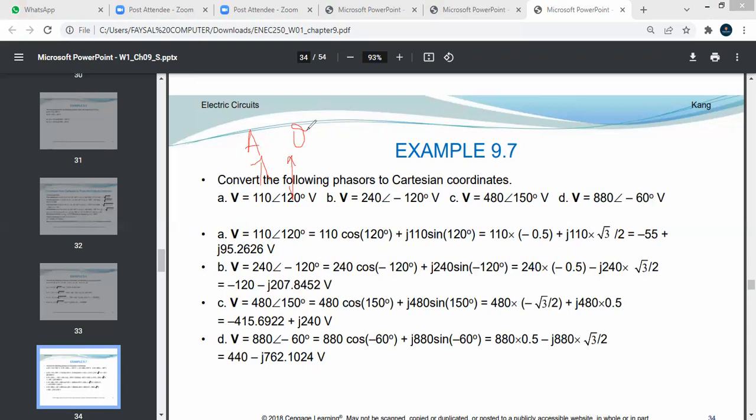For this, we have to convert this polar system to the Cartesian system. The formula to convert one system to another depends on the amplitude, the real part and the imaginary part, and the phase angle with cosine and sine.